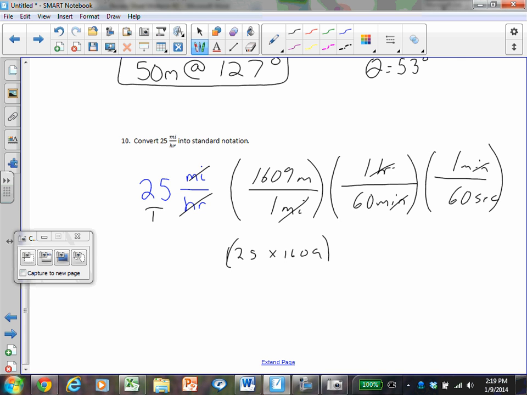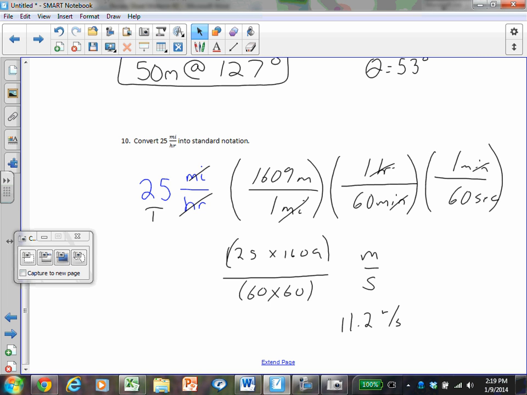On the bottom, 60 times 60. And my units end up giving me meters per second. So that gives us 11.2 meters per second. Next question.